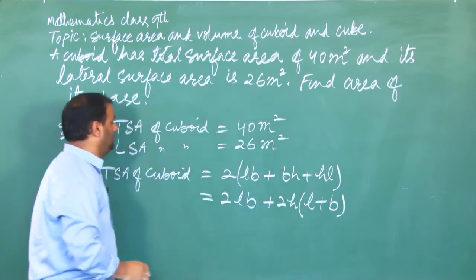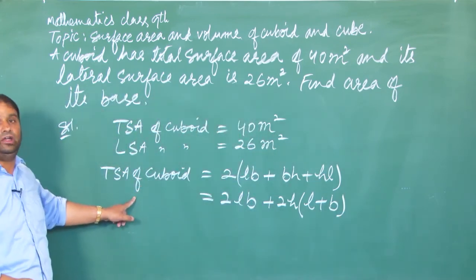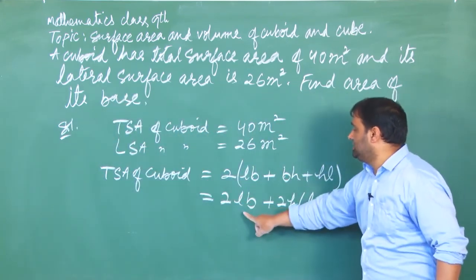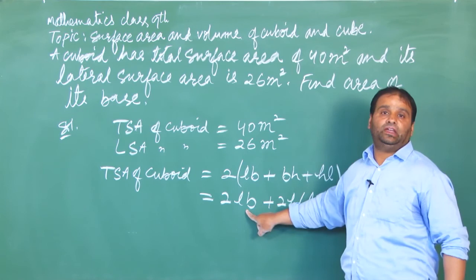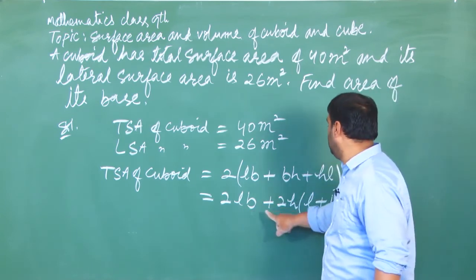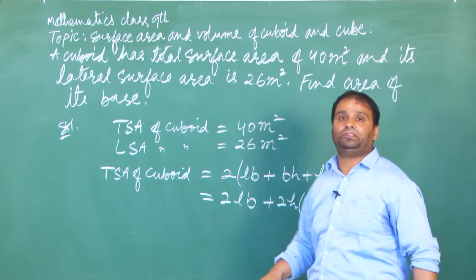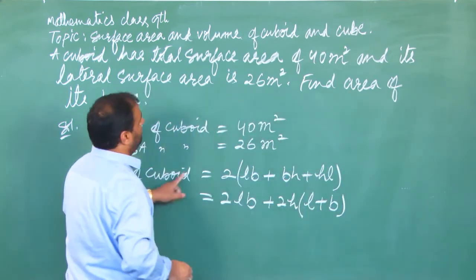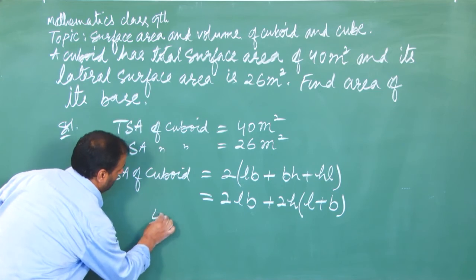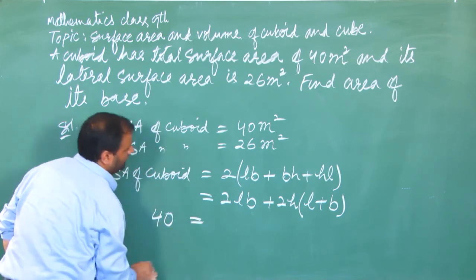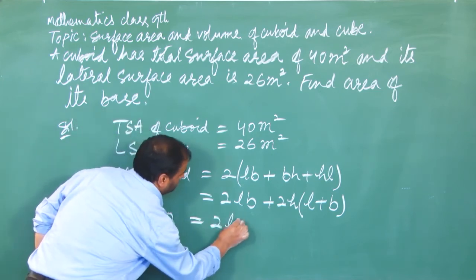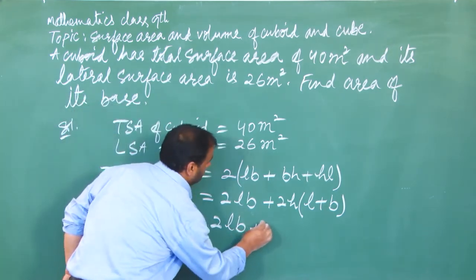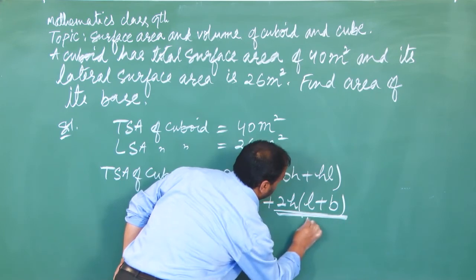Now, you see the total surface area of cuboid is the sum of the area of its 2 bases and its lateral surface area. So, total surface area of cuboid is 40 meters square, and this is the area of the 2 bases plus the lateral surface area of a cuboid.